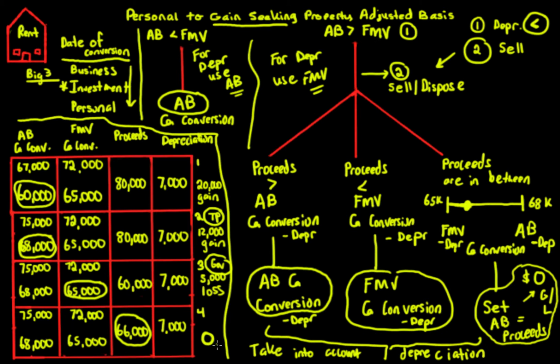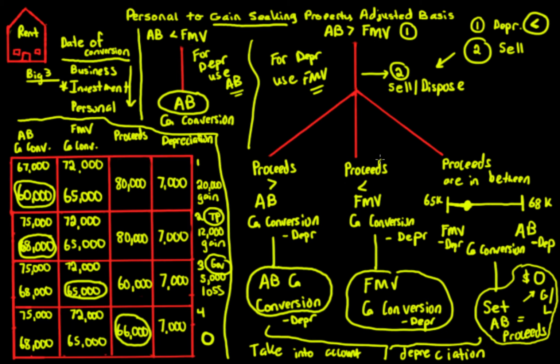See that? Very interesting. One thing I want to notice, if we did this analysis for number 4, and we did not subtract away depreciation, what would happen? Well, we go through it. Is adjusted basis less than fair market value? No, it's greater. 75 is greater than 72. So we're over here, right? If we don't subtract away depreciation, are the proceeds 66 greater than the adjusted basis of 75?